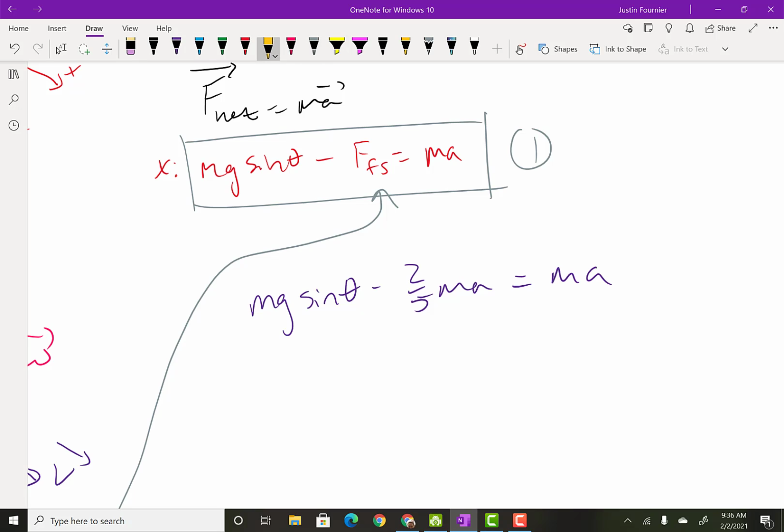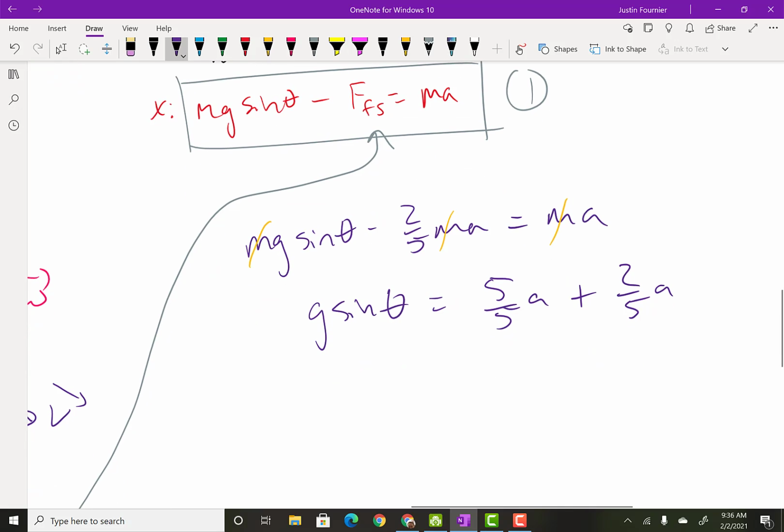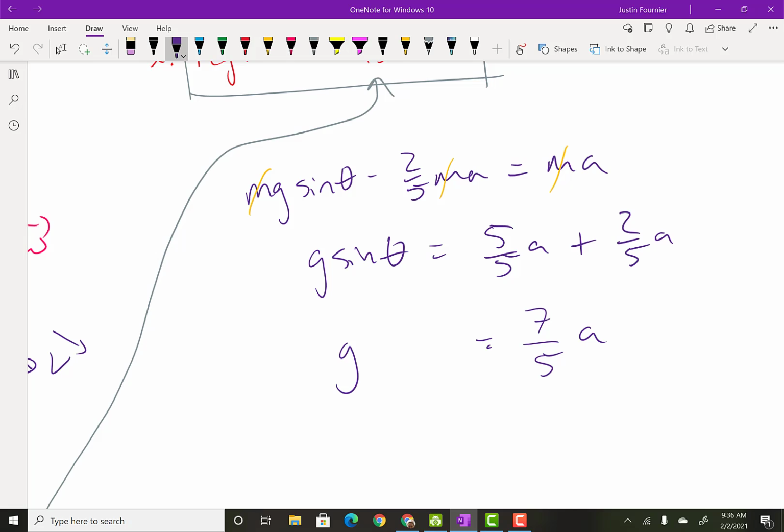First off, all these masses cancel out, which is good. That's what I got in my original solution. Now I've got g sine theta, and then adding that 2/5 a to the other side, this is going to be 5/5 a plus 2/5 a, so 7/5 a equals g sine theta.